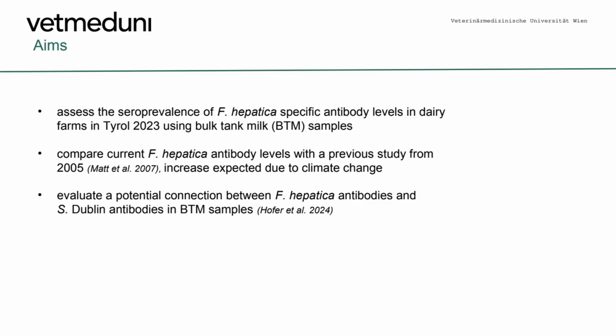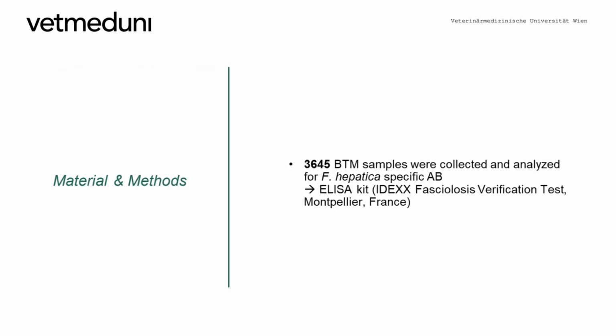Finally, we aimed to evaluate a potential connection between Fasciola hepatica antibodies and Salmonella Dublin antibodies in bulk tank milk samples. Right, so in 2023, we analyzed in total 3,645 bulk tank milk samples, and we used the ELISA kit from the company IDEXX.